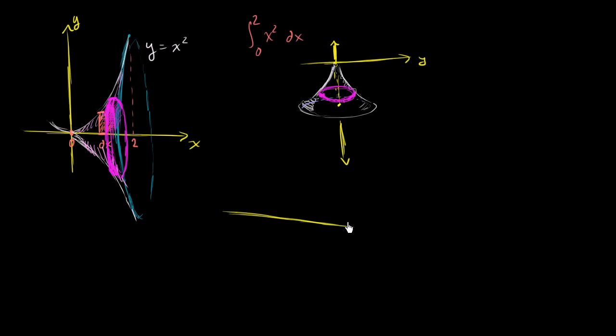So this is my x-axis. My disk looks something like this, my best attempt. The x-axis hits it right over there, comes out of the center, and then this is the surface of my disk, and then this right over here is my depth, dx.